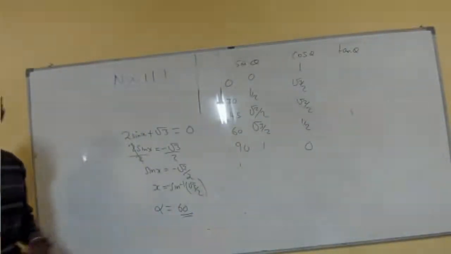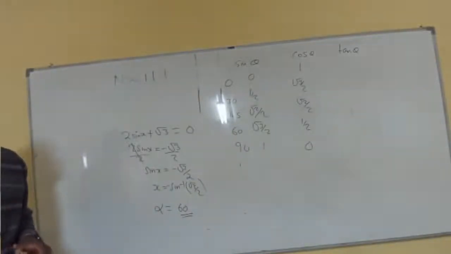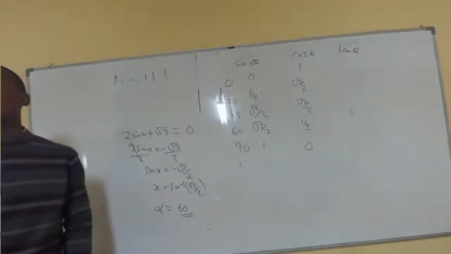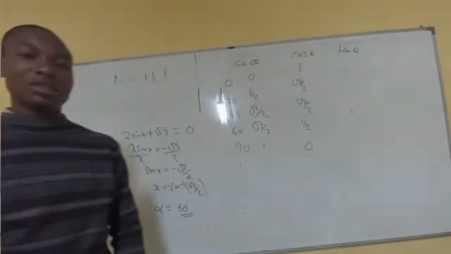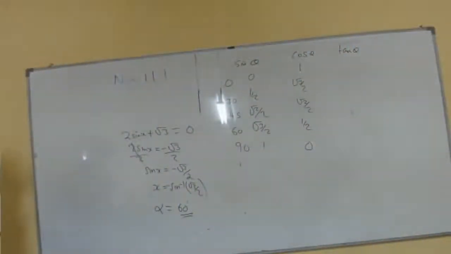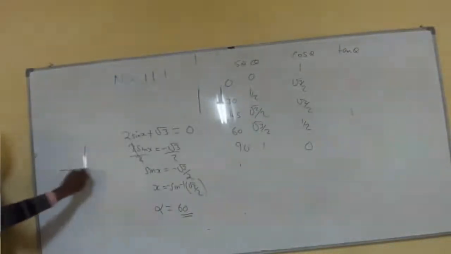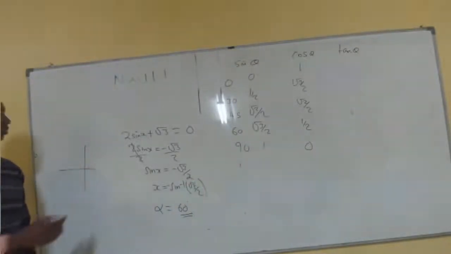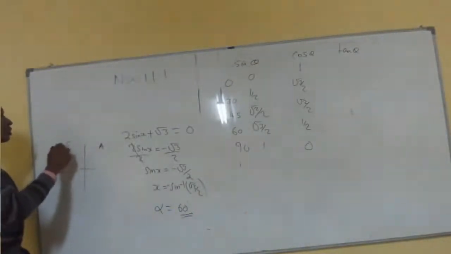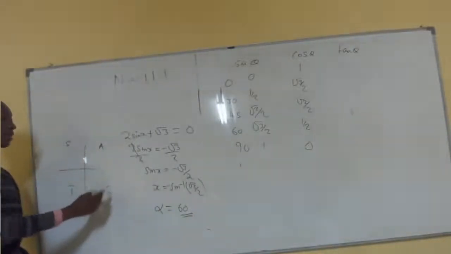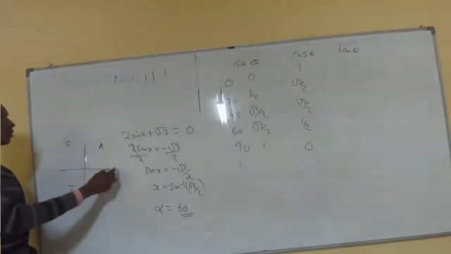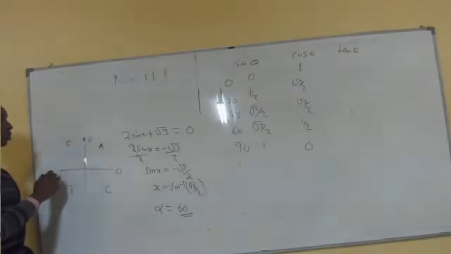Now take note of the sign. Since it's negative, we ask ourselves in which quadrants sine is negative. That is one of the other tasks we have this afternoon. We have 4 quadrants, and sine, tan, and cos are positive in their respective quadrants.